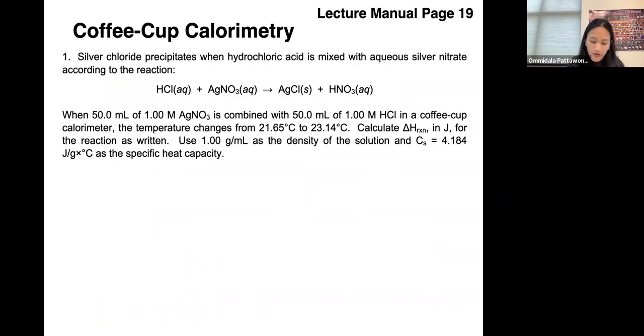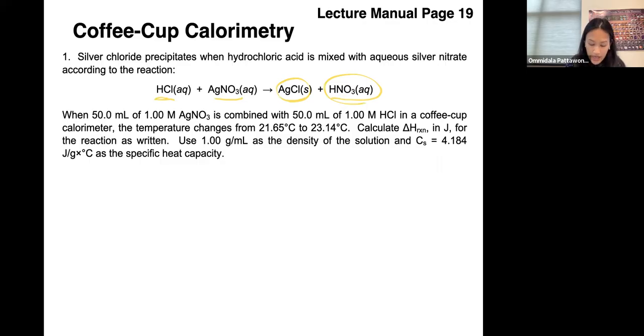An example of a coffee cup calorimetry problem would contain the word solution or something like dissolved in something else, and it will involve heat. In this case, we are going to react hydrochloric acid with silver nitrate. This is going to precipitate, or form a solid product, which is silver chloride, and another product would be nitric acid.